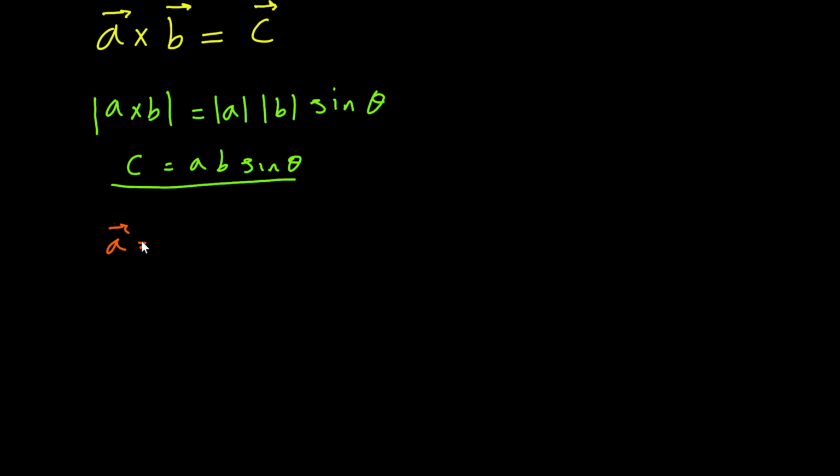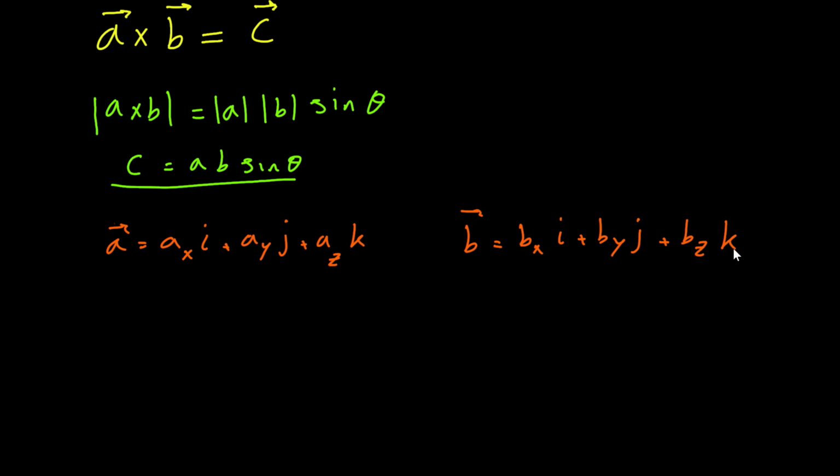So this is one way of writing it that we have said before. So we have AXI, AYJ, and AZK, or A1, A2, A3, and then we have the unit vectors I, J, K. The same way is going to be vector B, so BXI plus BYJ plus BZK.